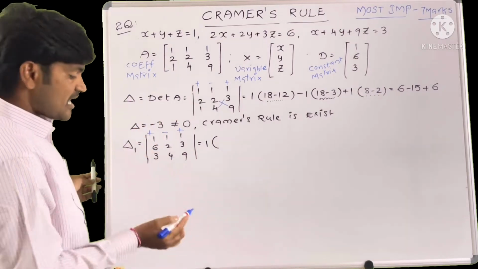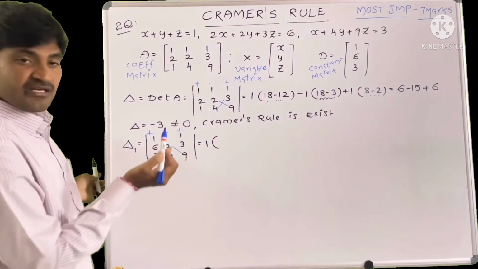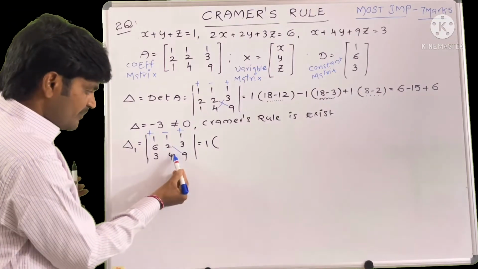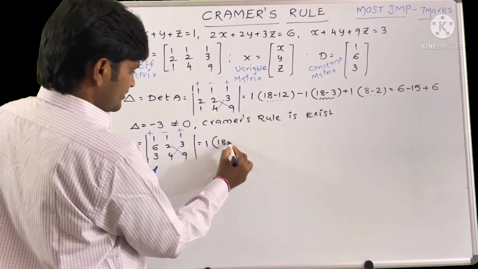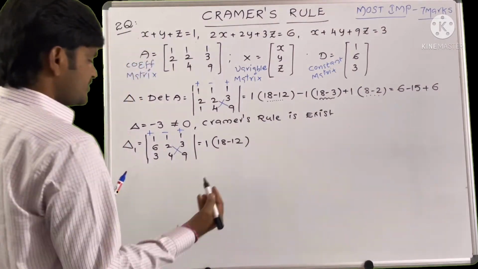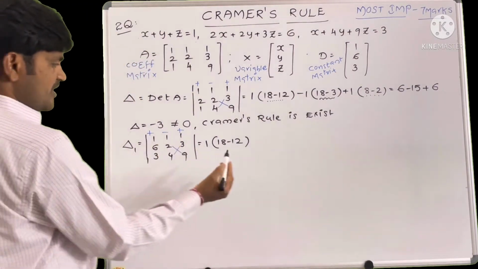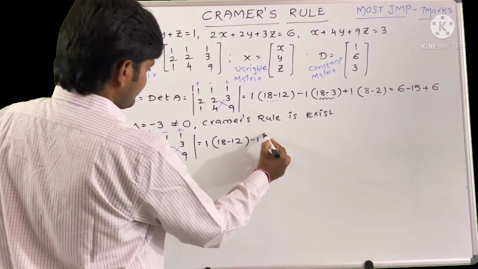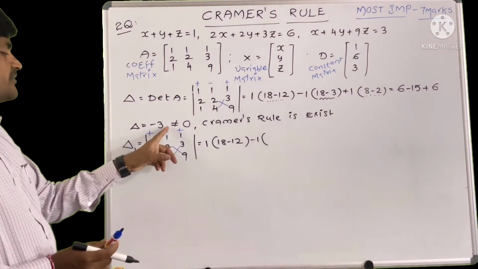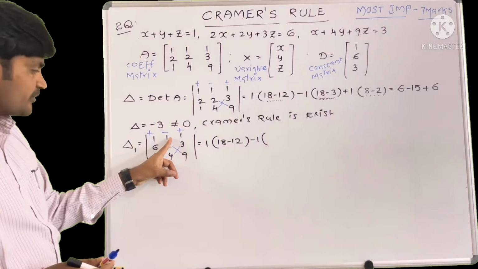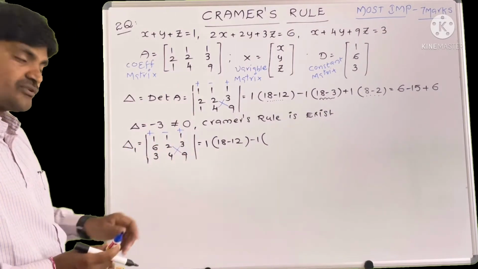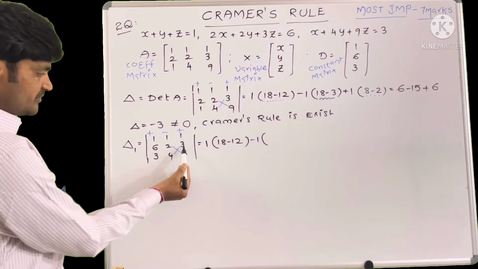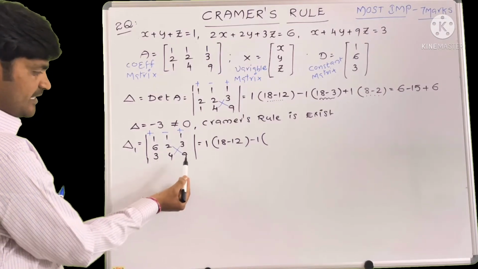We use cross multiplication, that is 18 minus 12. Similarly, minus into 1: delete this row and this column, so 6, 3, 3, 9.